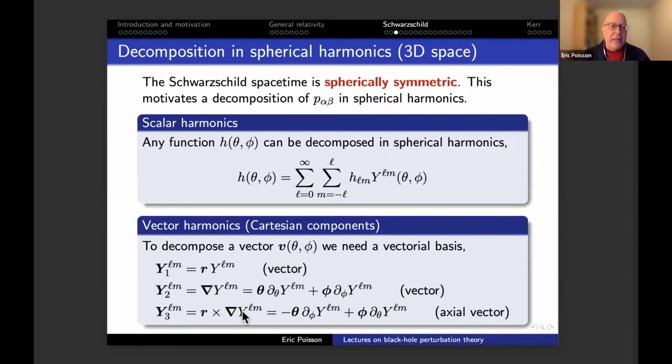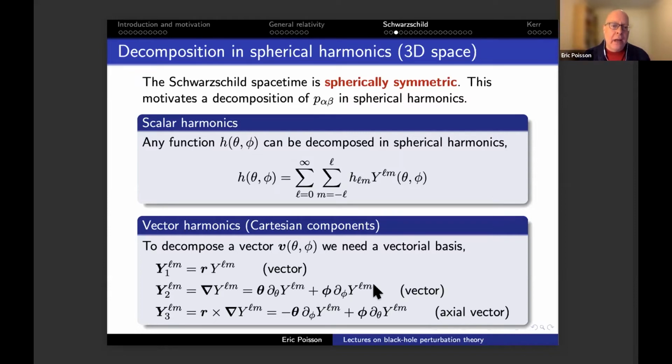It's something that needs to be understood when you go into the details of this. So this is an actual vector, this is an axial vector, and they have different properties under parity transformation. That's something to be aware of. That's part of the story when we go from scalar to vector to eventually tensor.